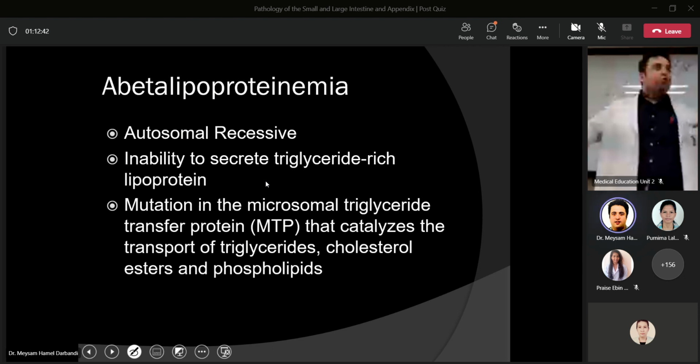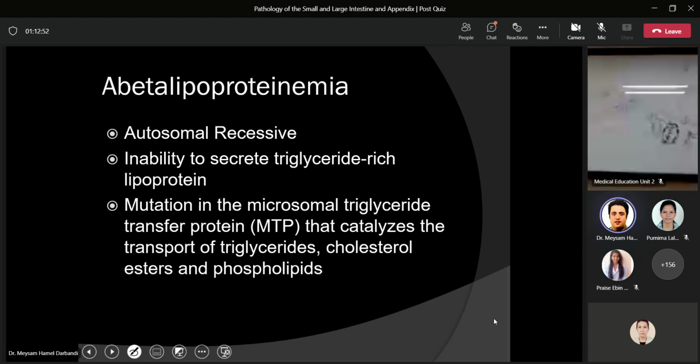As we discussed earlier, what was the function of ApoB48? It helps the chylomicron to be secreted, to lymph, and then from the lymphatic circulation to the artery.